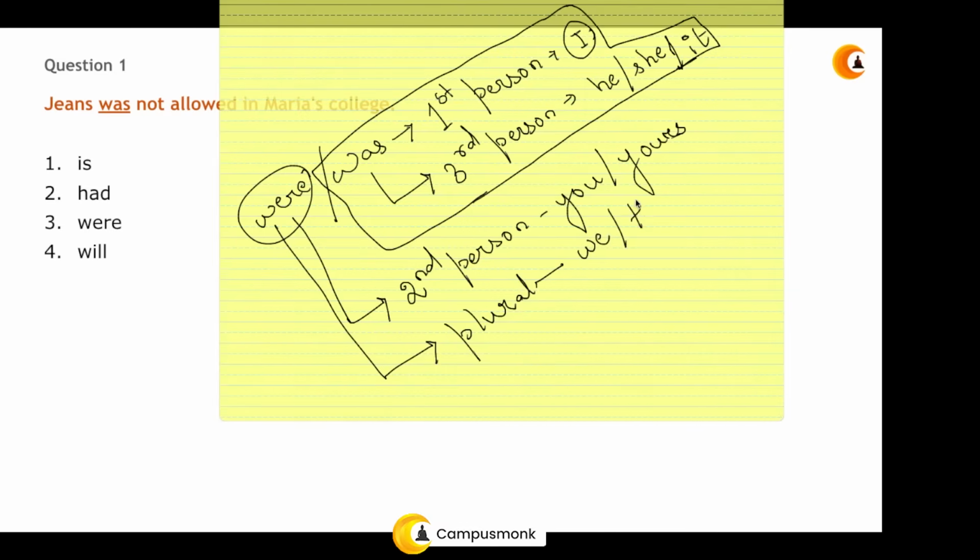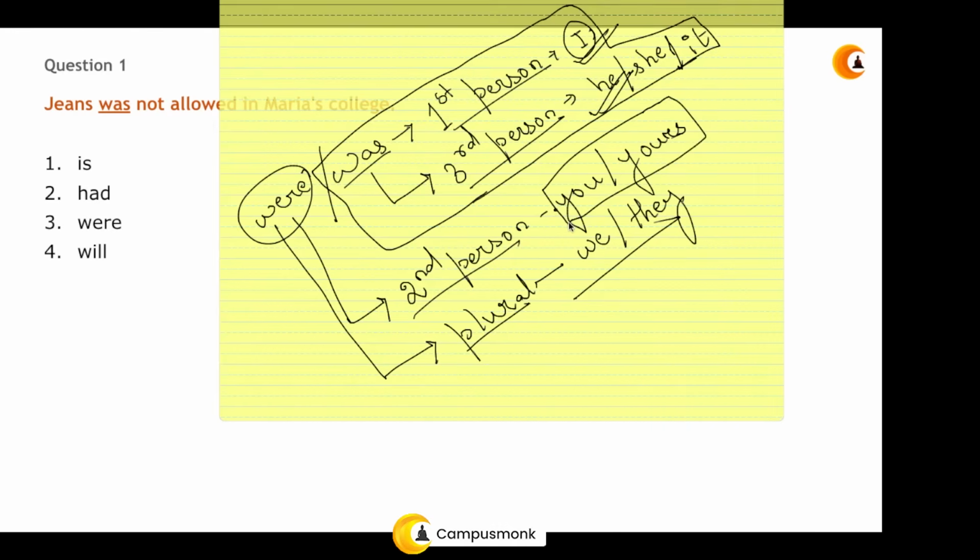We or they. Clear? So were is used in second person and in plural, was is used in first person and third person. You should always know who's the first person and the third person. It's very important. And second person is directly the person you're talking to. It's you or yours. Or you're referring to someone plural, we or they. That is where you use were.